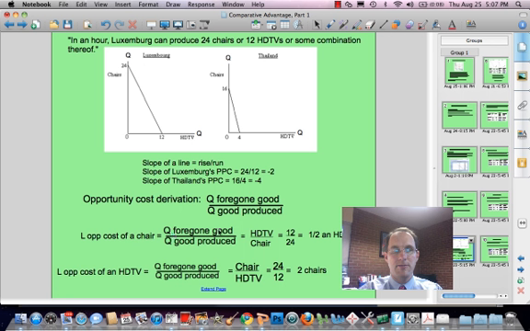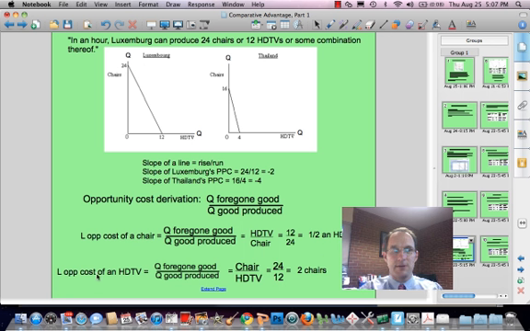The quantity of the foregone good, in this case the HD TV, is 12. The quantity of the good produced, chairs, is 24. So 12 divided by 24 equals 1/2 an HD TV. So in Luxembourg, the opportunity cost of producing a chair is 1/2 of an HD TV.